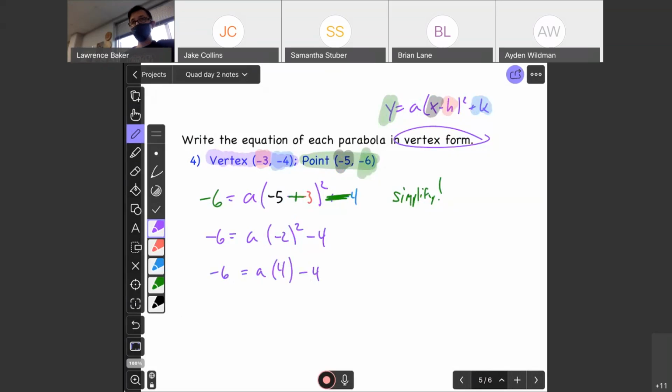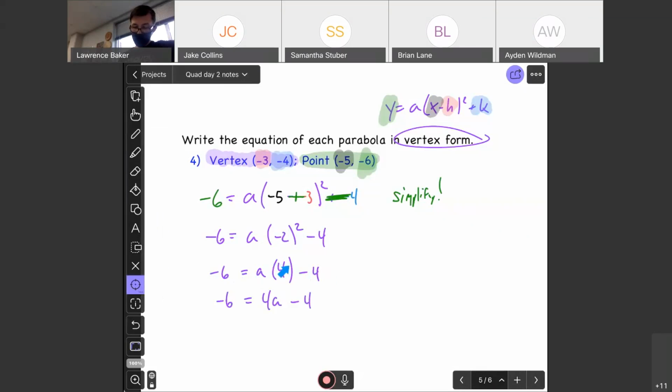Be really careful here. Don't fall into the trap that you're trying to do 4 minus 4. This is 4 times A. It's 4A. And I take those 4s and subtract them from each other. Not okay. So A4 means 4A.